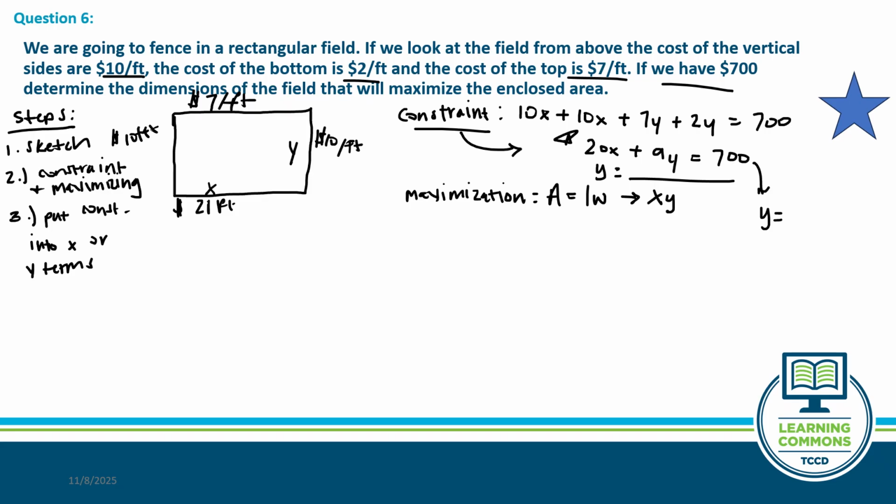So it's going to be y equals 35 minus 9 over 20x, okay? So I subtracted 20x from both sides, and then divided by 9 all the way through. That's my equation, okay?